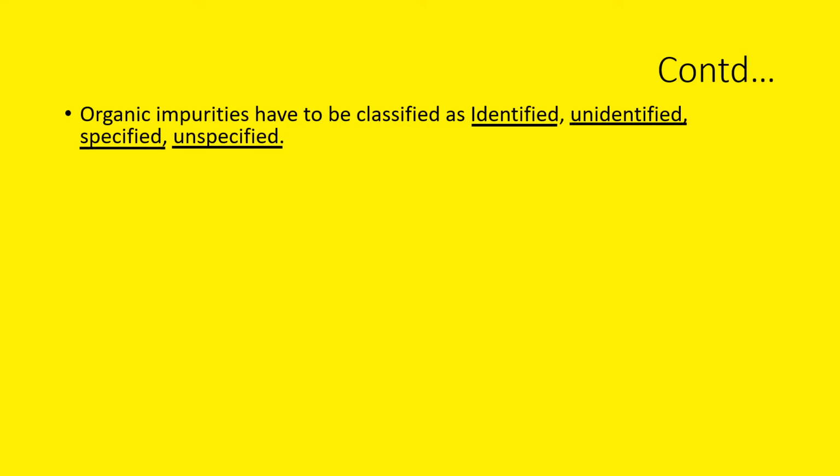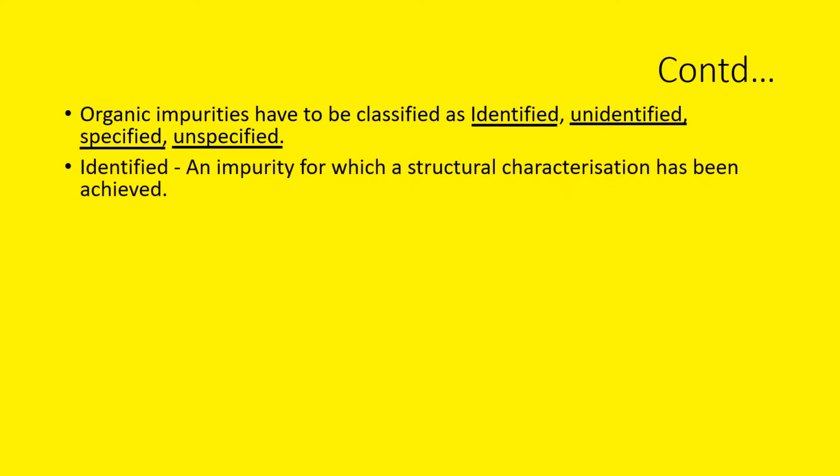They are classified as identified, unidentified, specified, and unspecified. The identified impurity is also referred to as known impurity, and unidentified impurity is referred to as unknown impurity. This is another terminology. An identified impurity is an impurity for which a structural characterization has been achieved.